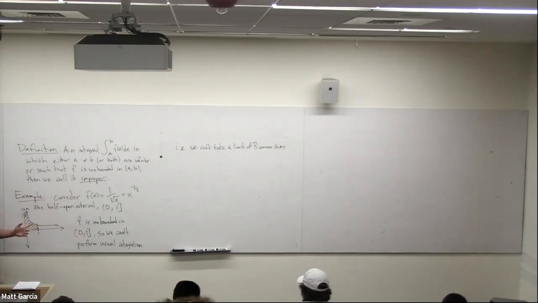Okay? That won't apply here because we can't ever capture this in a finite number of rectangles, right? You have to be able to make a finite number of rectangles in the first place to approximate this. But if we were to try to put rectangles under this curve in this half open interval, we would end up with rectangles that are infinitely tall, no matter what.